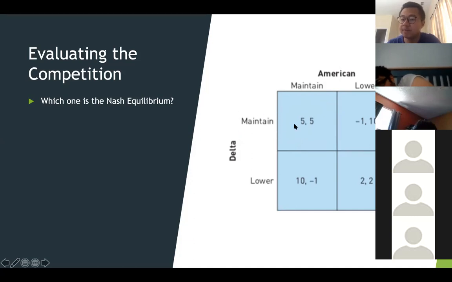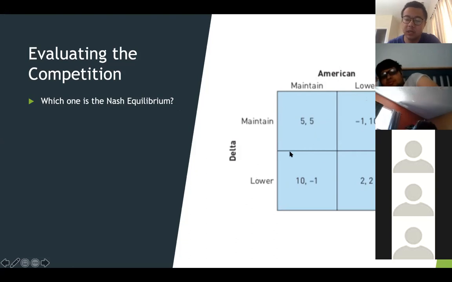The first is to maintain, and we get 5. If we lower the price, we get 10. So lowering is the best if American chooses to maintain the price. If American chooses to lower, and we maintain, we get -1. If we choose to lower, we get 2. So the dominant strategy for us is to lower the price.